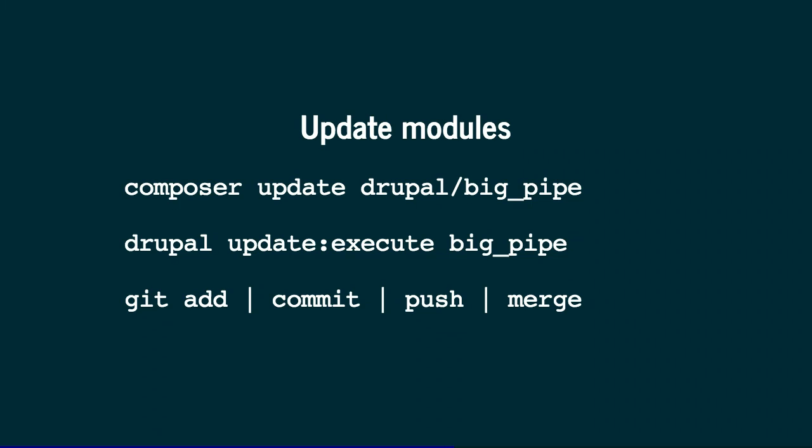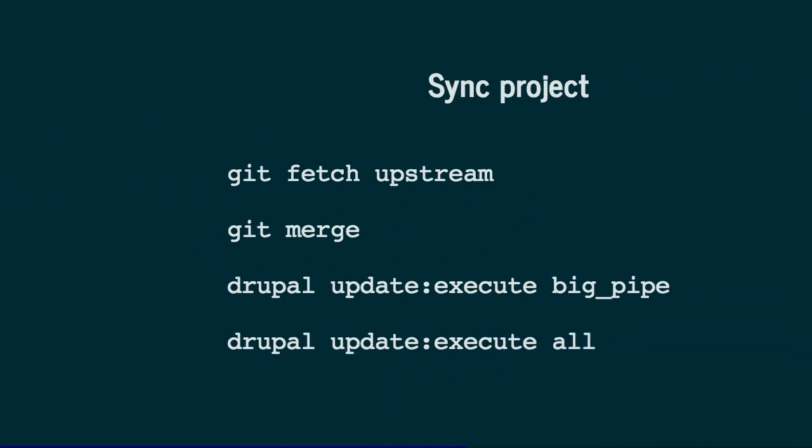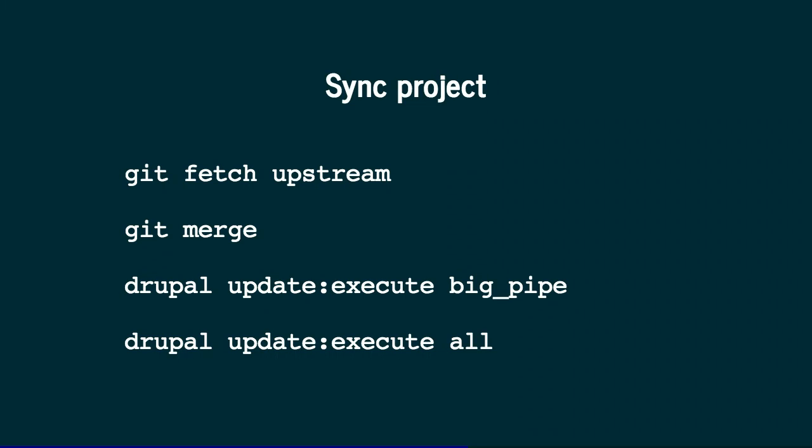Again, I go git add, commit, push, someone merges my changes, and the rest of the team can get all those changes by git fetch upstream, merge, and in this particular case, update execute, right?